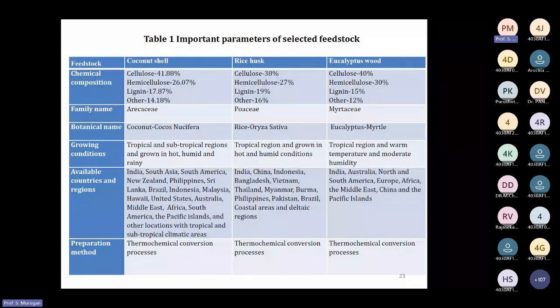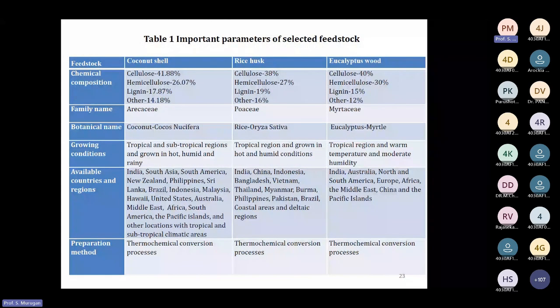Rice husk is in the same range. Like cellulose, it has 38 percentage, hemicellulose 27 percentage, lignin 19 percentage, and the others account for 16 percentage. Eucalyptus wood also has cellulose 40 percentage, hemicellulose 30 percentage, lignin 15%, others account for 12 percentage.